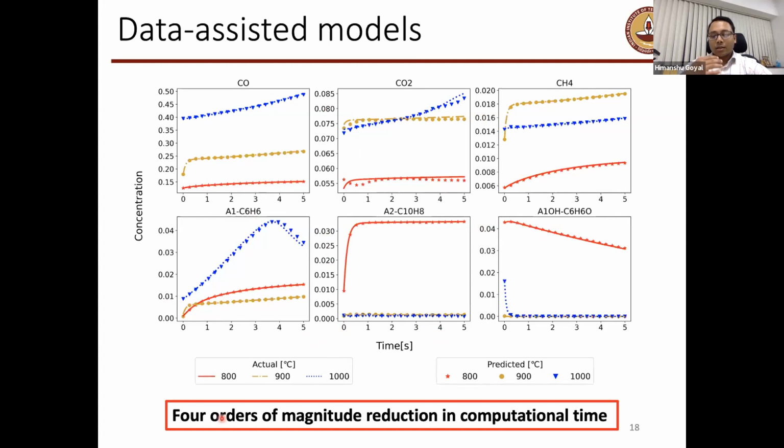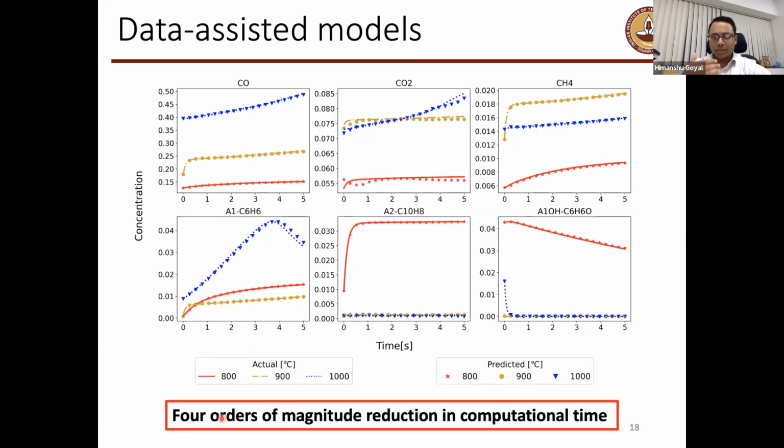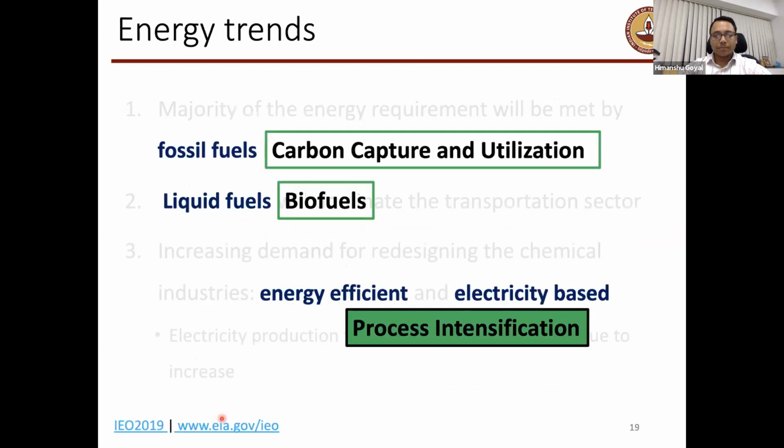And when we compare the computational cost, the RNN model requires about 4 orders of magnitude less computation compared to actual ODE solvers for the chemical kinetics. This is just a start in this particular area. We are now trying to integrate detailed chemistry with reactor simulations using these machine learning models.